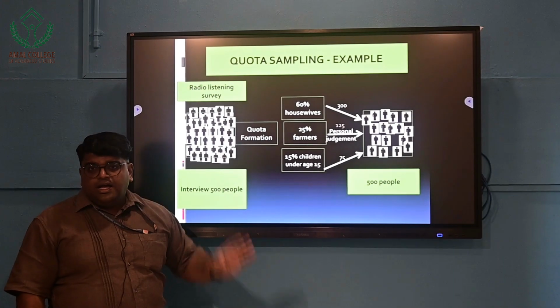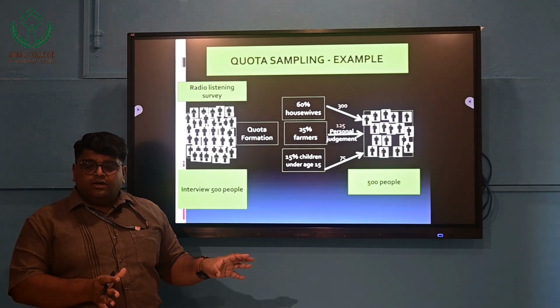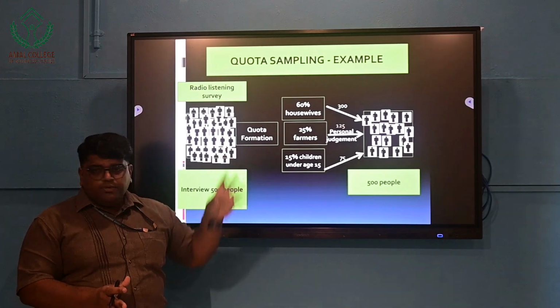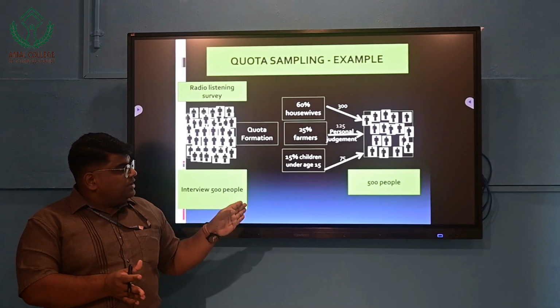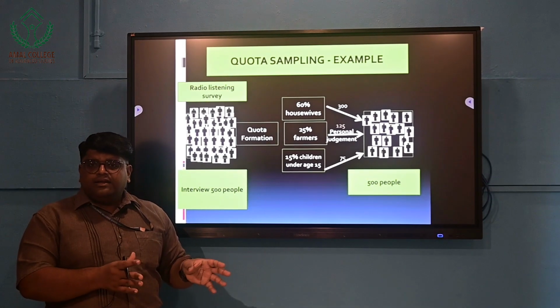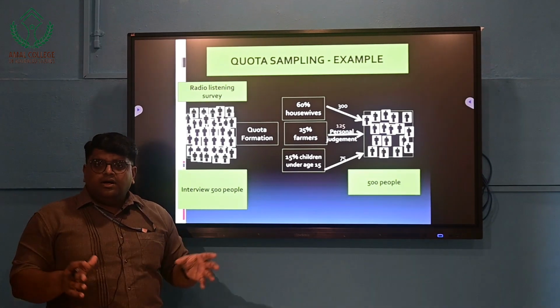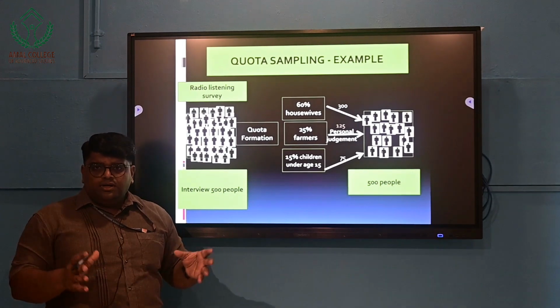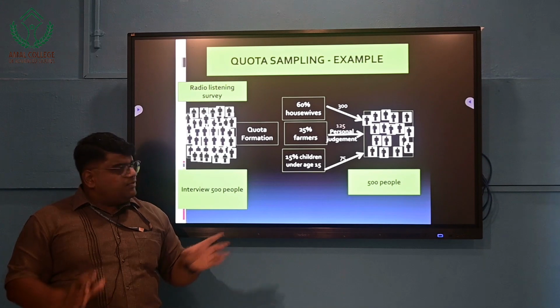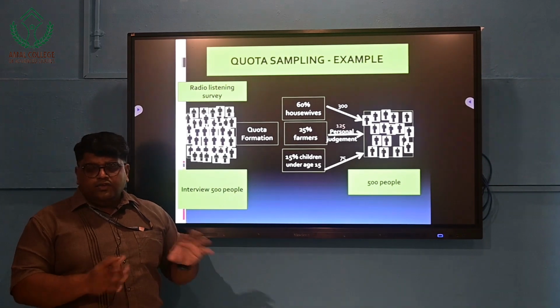Like 60% I can allot to the SC group in that city or town, then 25% to the ST group, then 15% to the OBC group, remaining part to the general category, based on their population size, based on the total people living in that area. On the basis of that, I can again allocate different quotas.